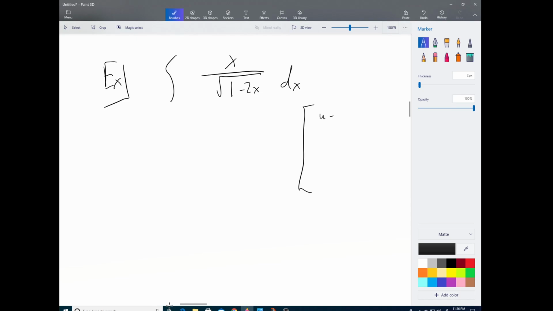So u is the thing inside parentheses, if you have a set of parentheses. I'm going to take the derivative of the equation u with respect to x. By the way, let me sidetrack here for a second.